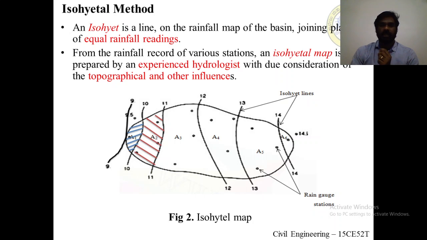If we join all the points of equal elevation in a map, we will get the contour line. In the same way, in a catchment area or in a rainfall map, if we join all the points of equal rainfall readings, we will get the isohyet line.